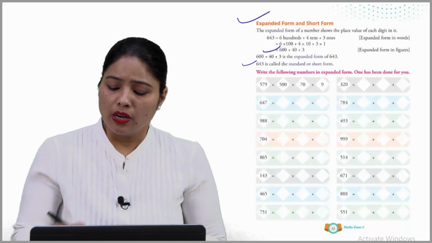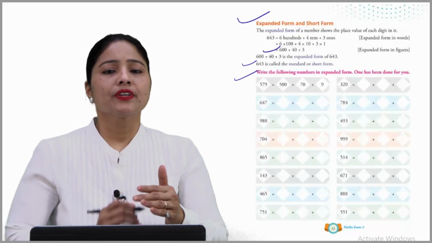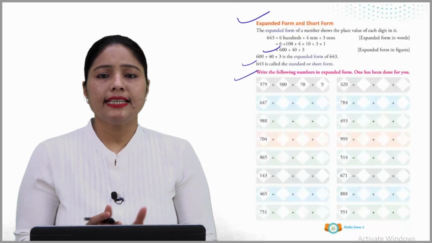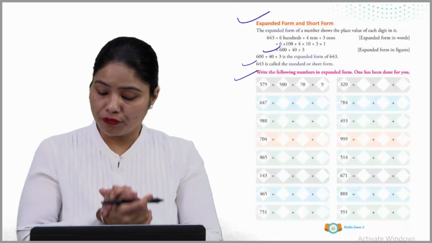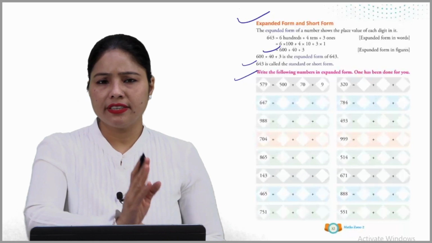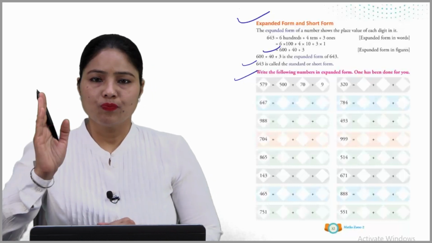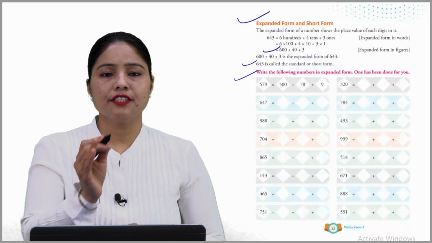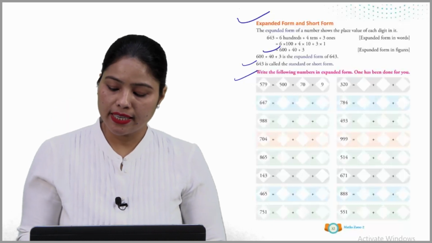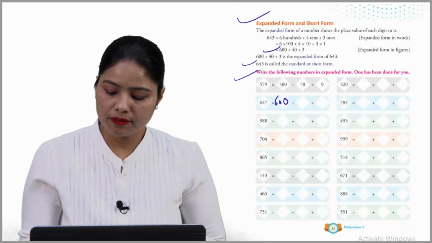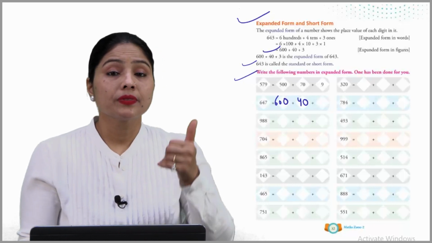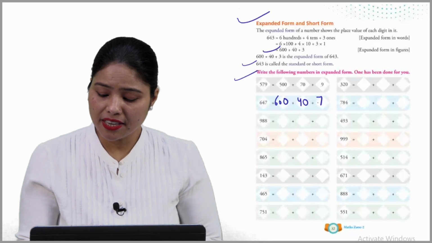So now move on next one. Write the following numbers in expanded form. One has been done for you. So 579 becomes 500 plus 70 plus 9. Similarly 647. So 600 हमारा बना है like this. 40, write it 40. 7 का 7.